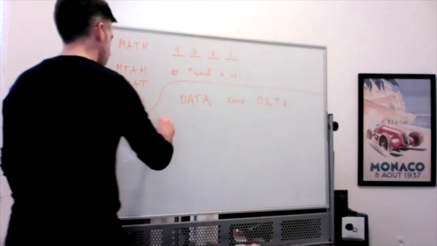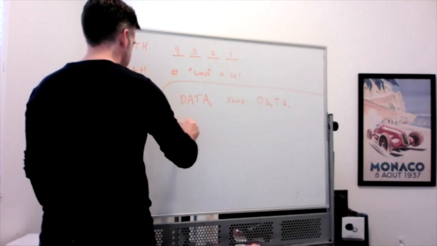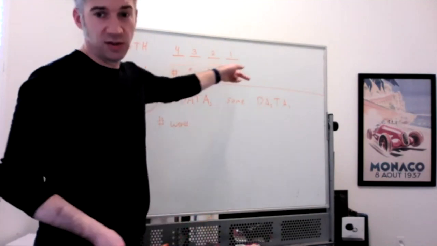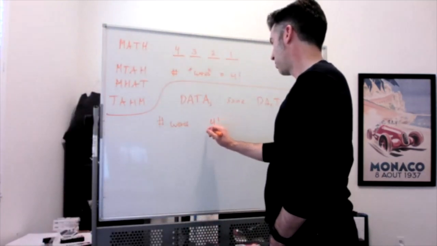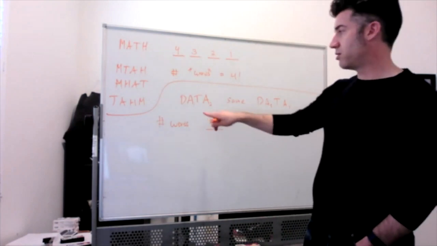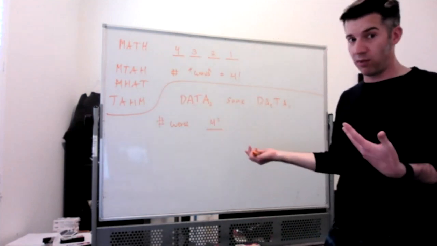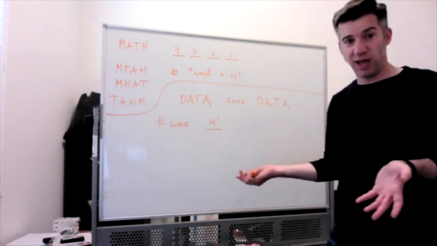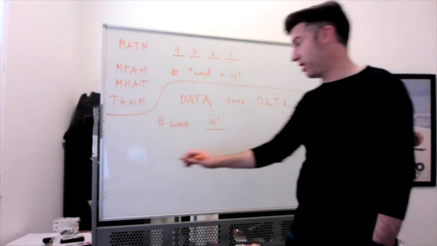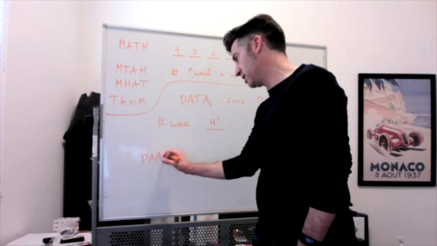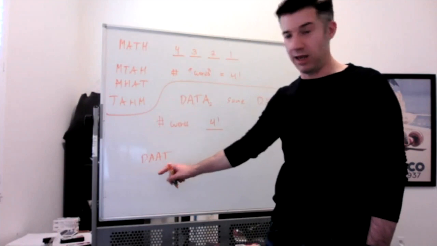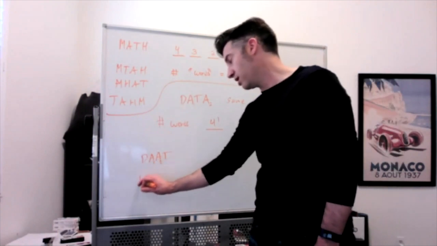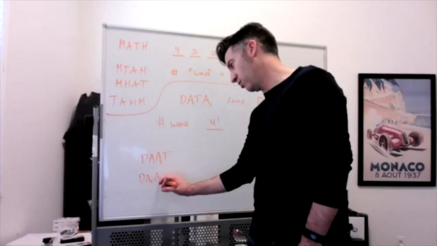So the idea here is that there are still 4 times 3 times 2 times 1 choices, but for all 24 of the words we're going to get, we're actually double counting. If I have the word DAAT, and I'm talking about all 24 possibilities, that's going to show up twice. It's going to show up once as DA1A2T, and again as DA2A1T.